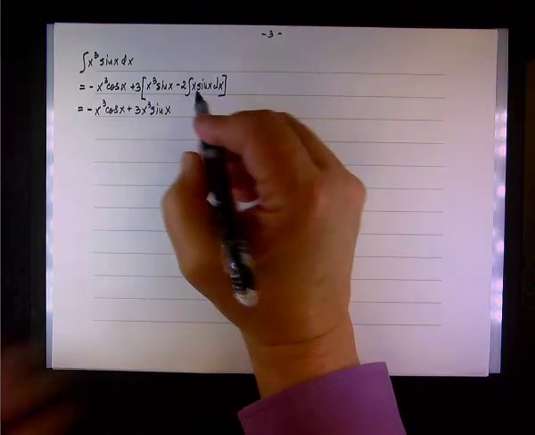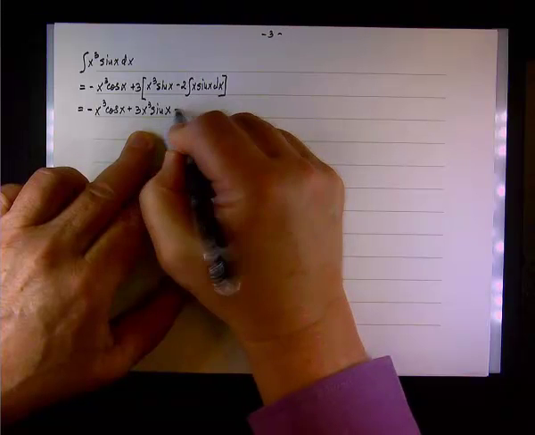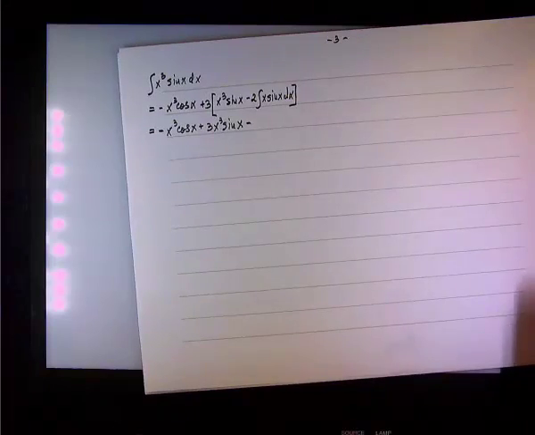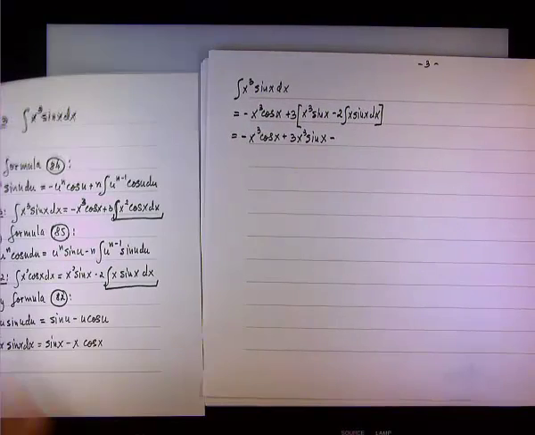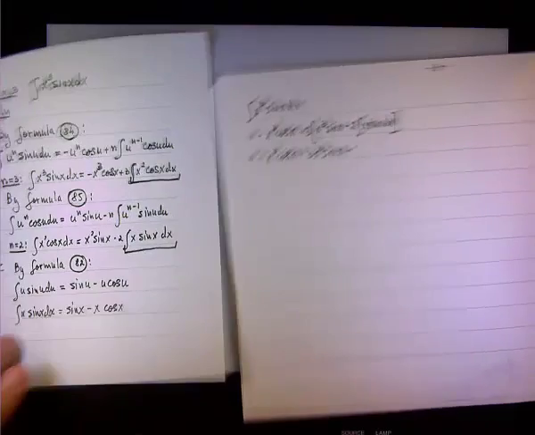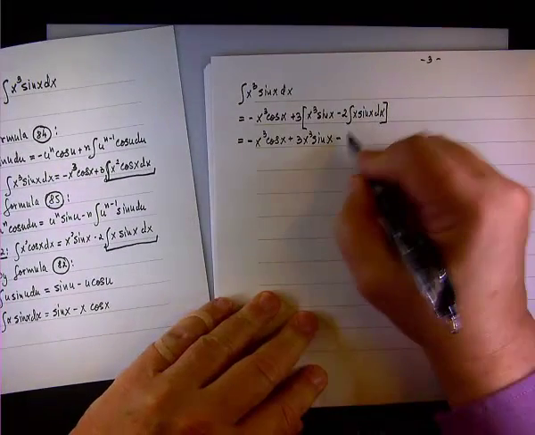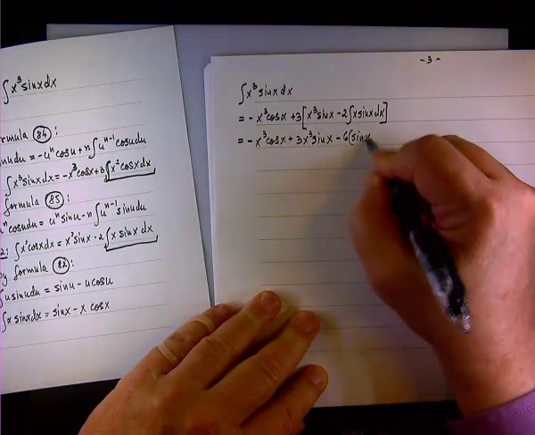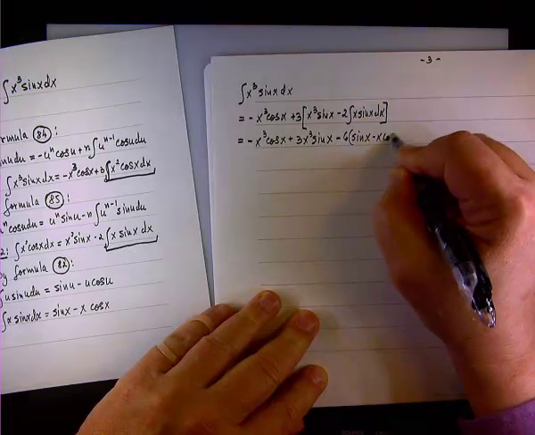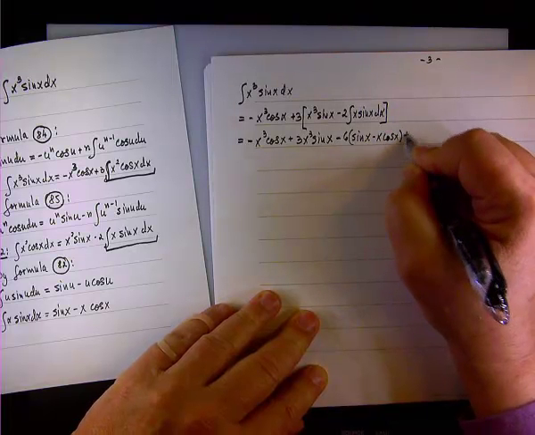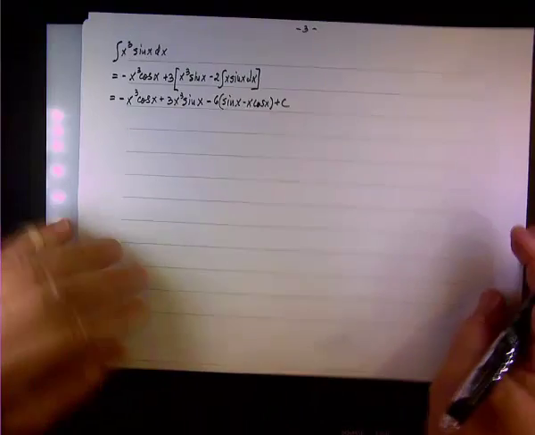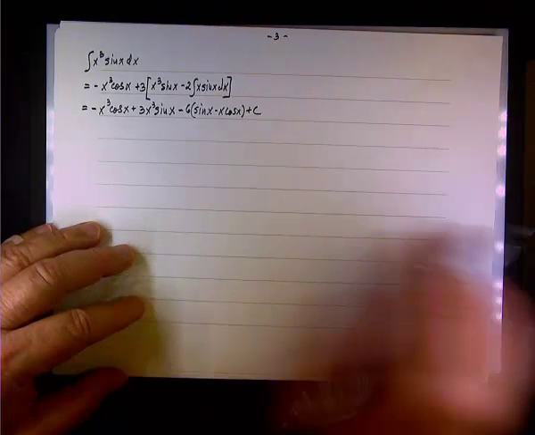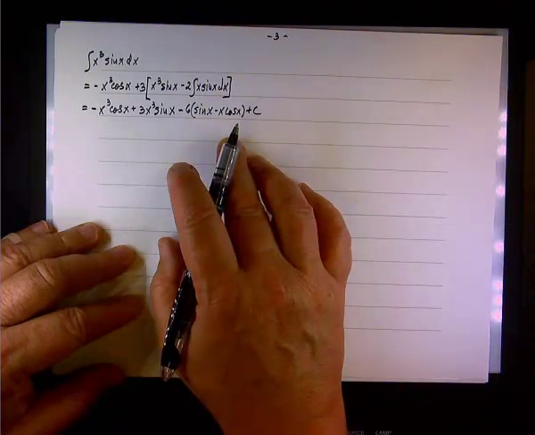So we have minus 2 times what we had before. 3 times 2 is 6, and we have this one right there. So it will be minus 6 times sine x minus x cosine x plus c.